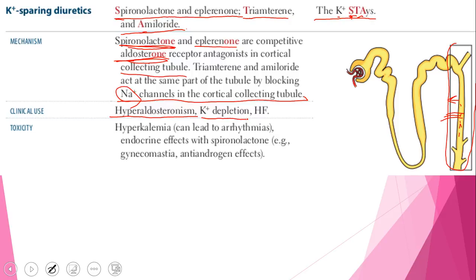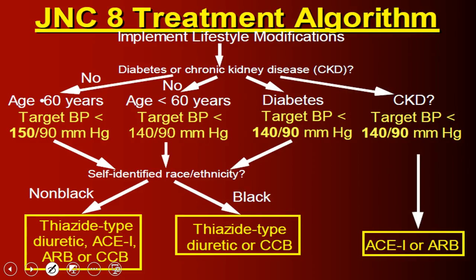Also potassium depletion and heart failure, other clinical uses. Toxicity can lead to hyperkalemia, which can lead to arrhythmias. Endocrine effects with spironolactone: gynecomastia, antiandrogen effects.